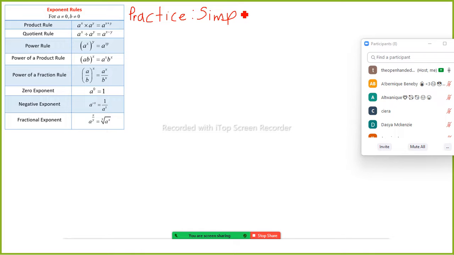Simplify the following expressions. You have to be paying attention carefully, because at any point, at any time, we can use any one of the rules.